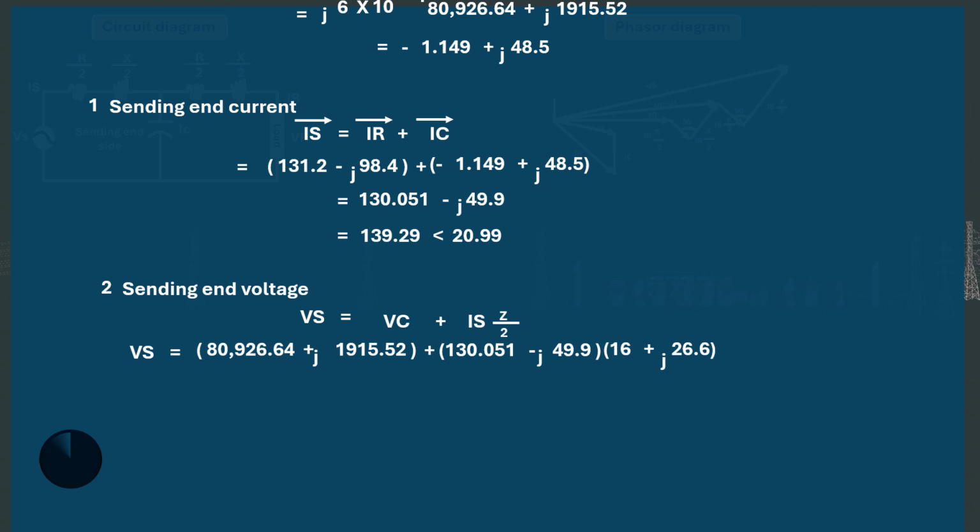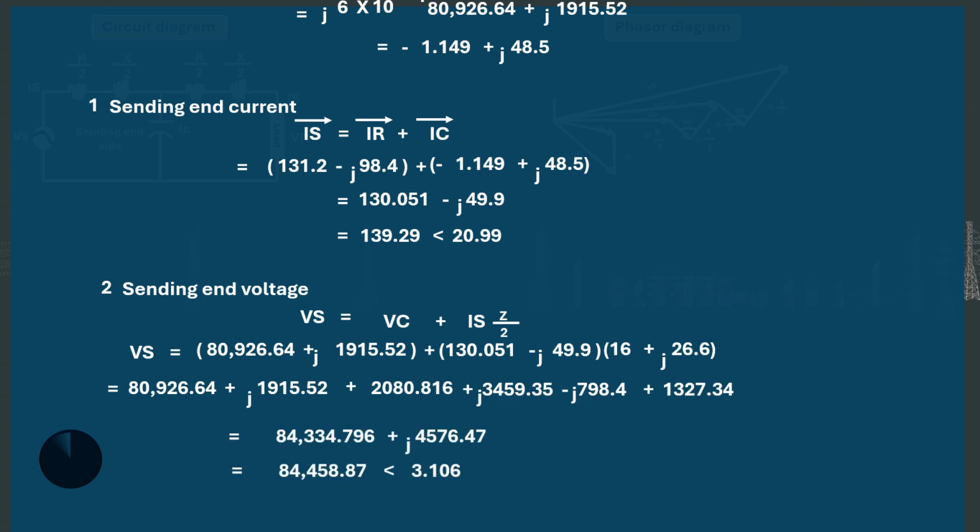The resultant of these will further be simplified, which will now equal 84,334.796 plus j4576.47, but in order to get the angle of the voltage, we'll need to convert from rectangular to polar form. This will now be 84,458.87 at an angle of 3.10 degrees.